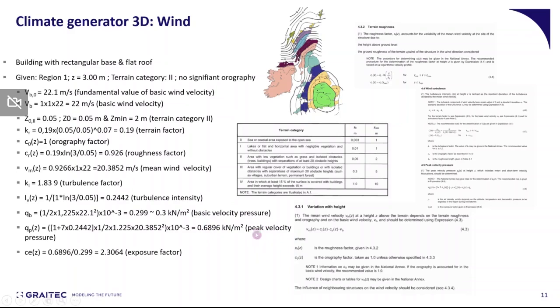This is basically the pressure that is needed, which is going to be used later on with the coefficients of external and internal pressure in order to define the wind loads on all the vertical structural elements of the structure as well as on the roof. All these procedures to calculate those parameters are described clearly in the Eurocode.